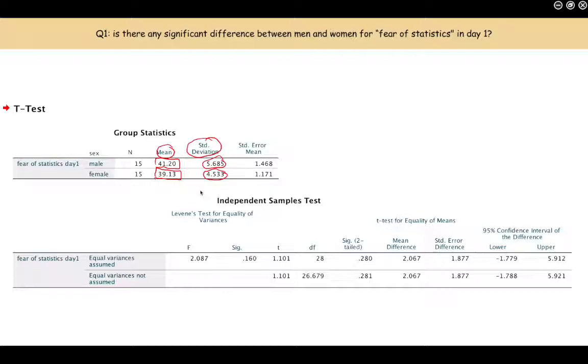By looking at the second table, we actually have the results of the independent samples t-test. To read it correctly, we look at Levene's test first. Levene's test has a level of significance, but this is not the result that we are reporting.